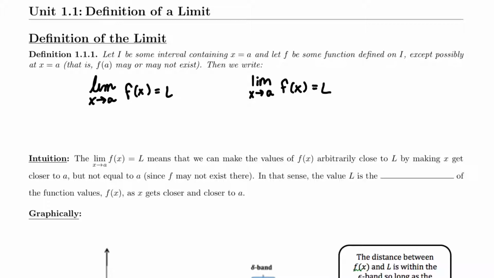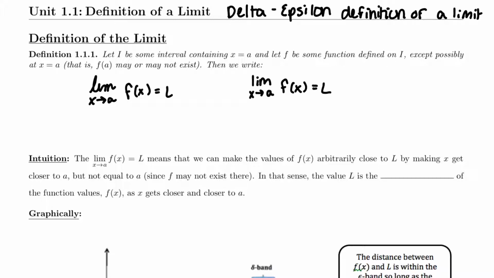It is a lot more complicated than we need to get into. If you're interested in looking it up sometime, you can look up the delta epsilon definition of a limit if you're really into it. You can do that, but I'm not going to go into it. That's for those of you really into math.